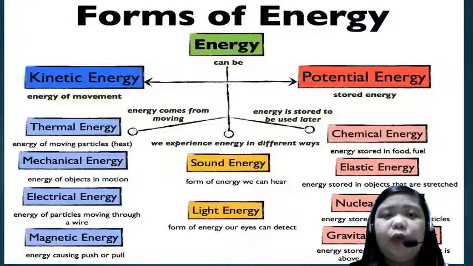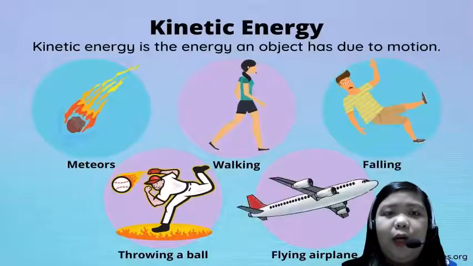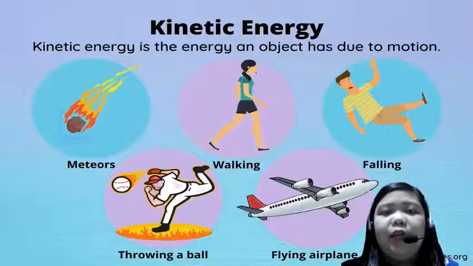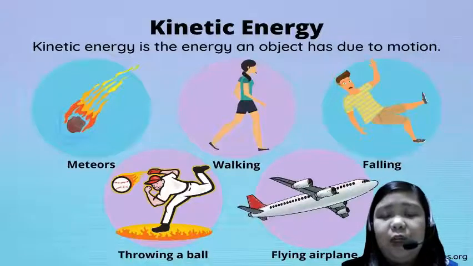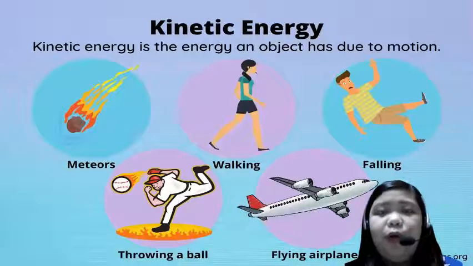For our first discussion, I'll be discussing kinetic versus potential. So what is the difference between kinetic energy and potential energy? Number 1, kinetic energy is the energy an object has due to motion, which means any object or individual or organism that is in motion possesses kinetic energy, such as meteors, walking, a man falling on the ground, a player throwing a ball, or a flying airplane.